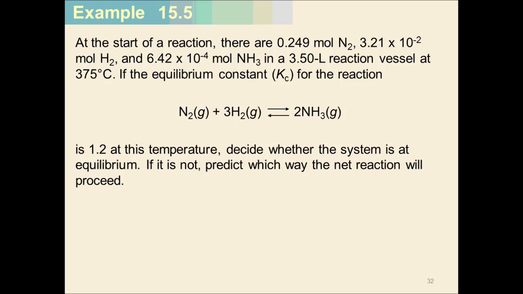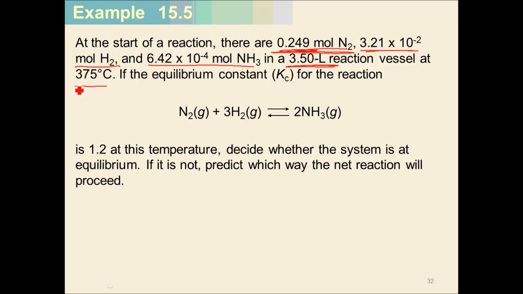On slide 32, example 15.5. At the start of a reaction, there are, let's look at all our numbers now, 0.249 moles of nitrogen gas, 3.21 times 10 to the minus second moles of hydrogen, and 6.42 times 10 to the minus fourth moles of ammonia, all in a 3.5 liter reaction vessel, and our temperature is 375 Celsius.